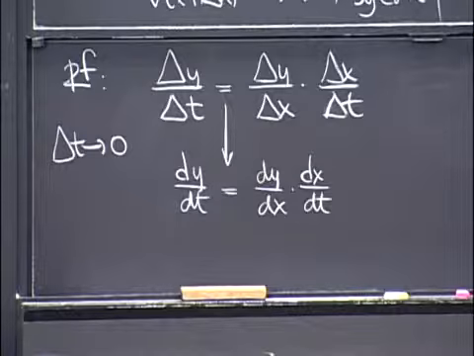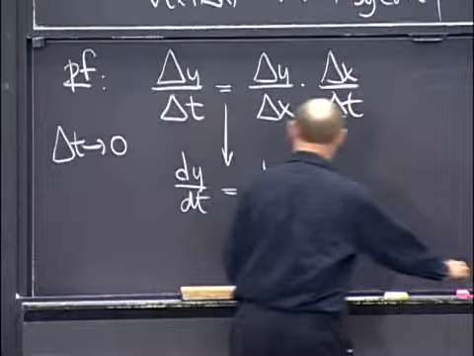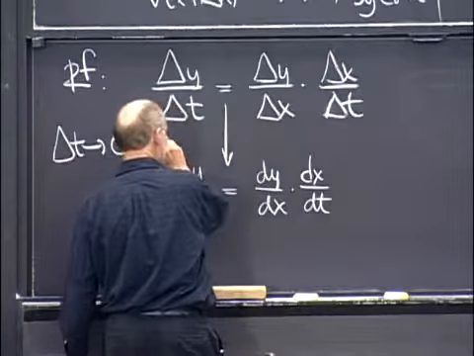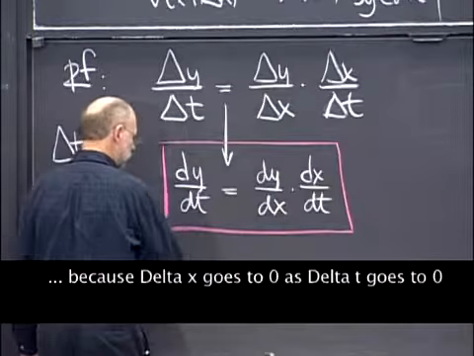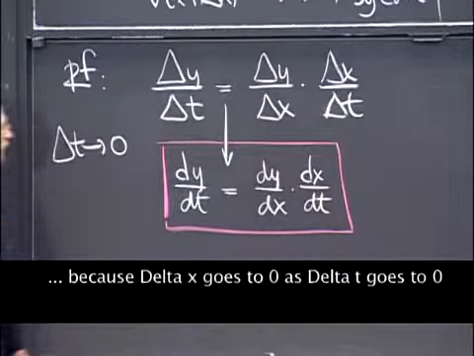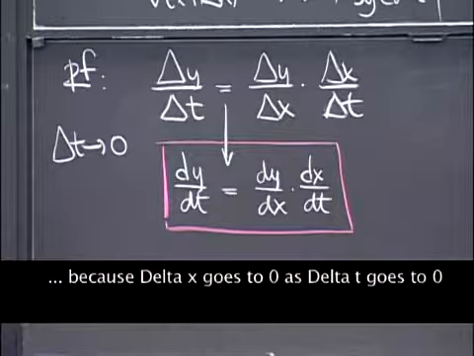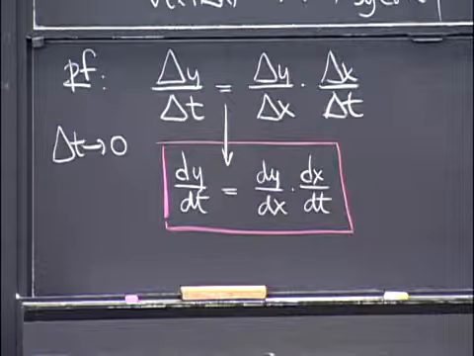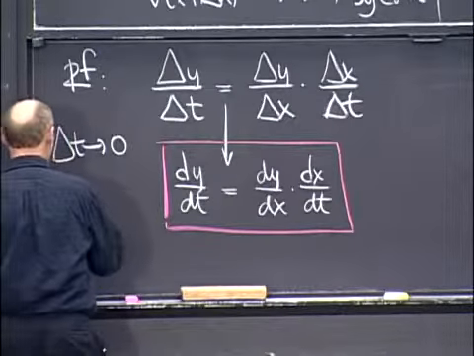So students will often remember this rule by saying that you can cancel out the dx's. And that's not so far from the truth. That's a good way to think of it. In other words, this is the so-called chain rule.